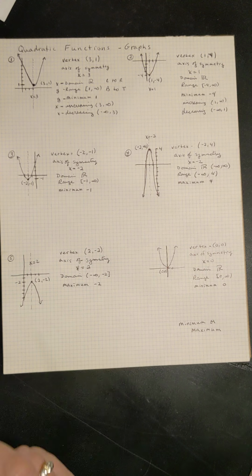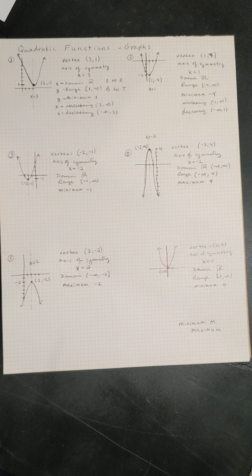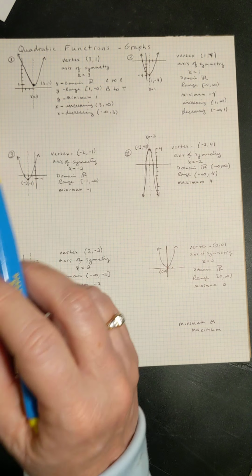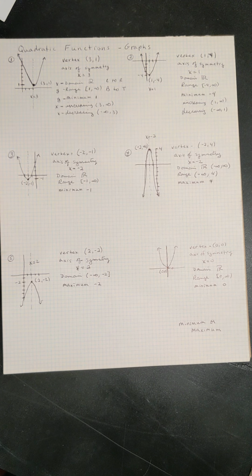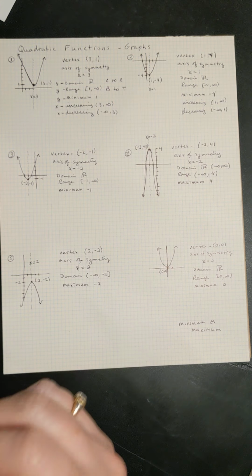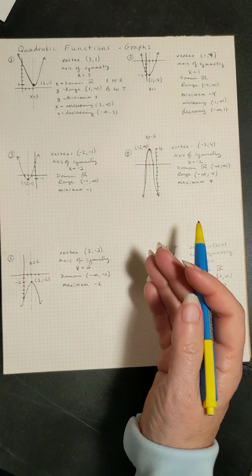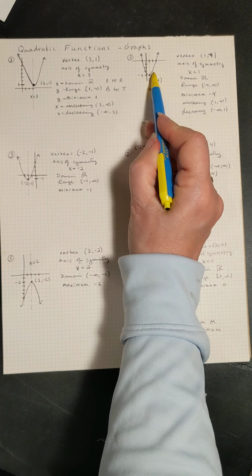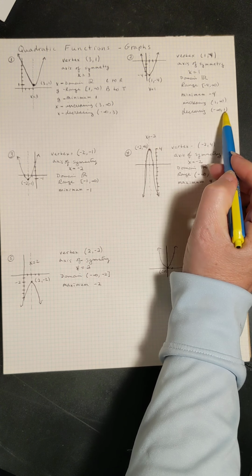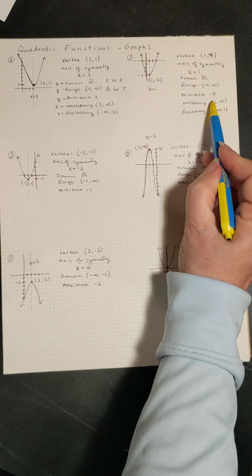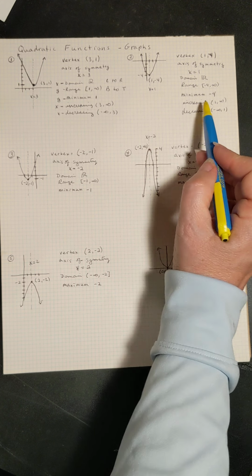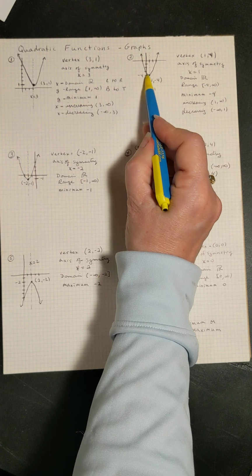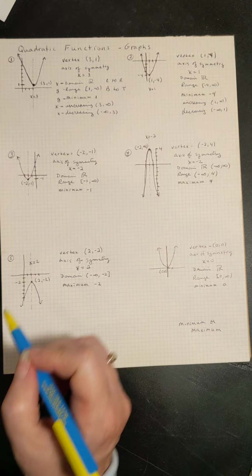Now remember, when you're doing increasing and decreasing, what you're looking at is where is it going down, where is it going up, going from left to right. So remember, these are always going to be parentheses on these ones and on the infinities, because at 1 is where it's turning around. So it's not decreasing or increasing at 1, that's where it's turning around.